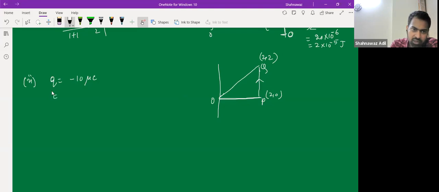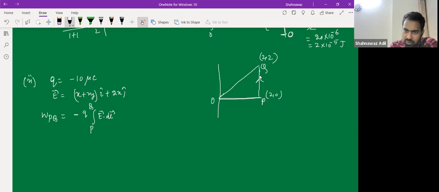My electric field is x plus 2y i hat plus 2x j hat. We need to calculate work done going from P to Q. So this would be minus Q integral P to Q of E dot dl.